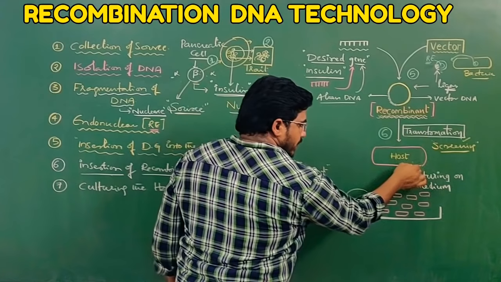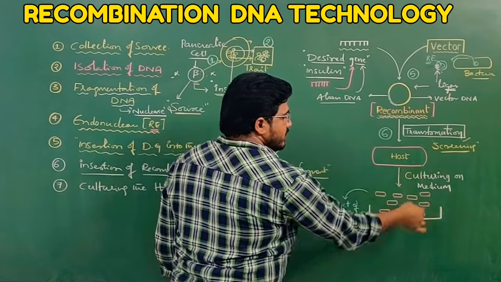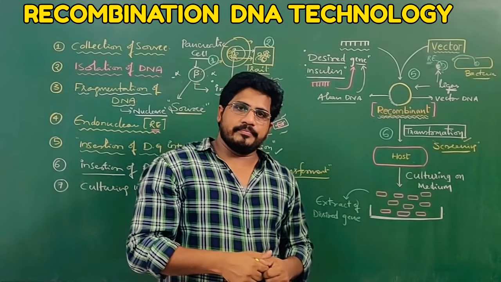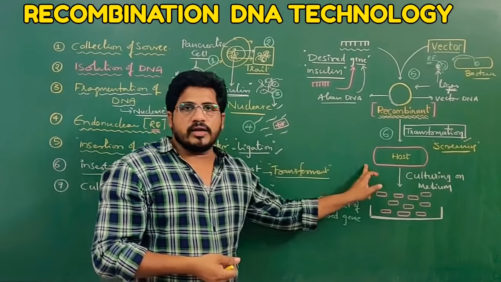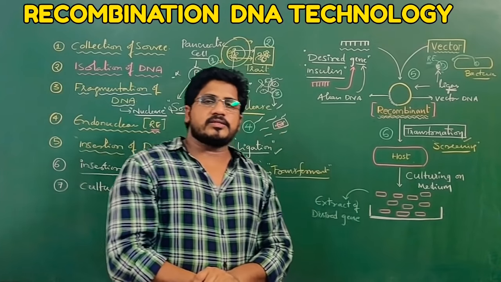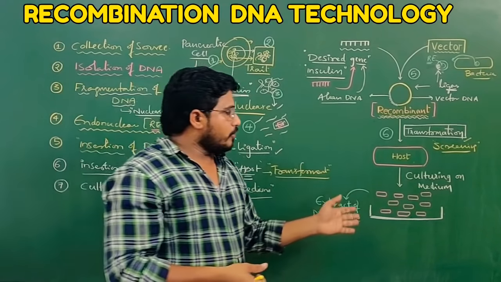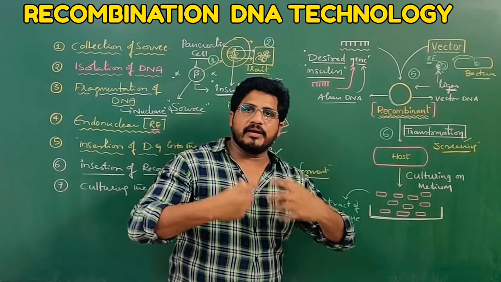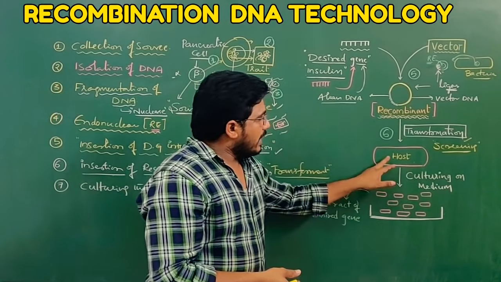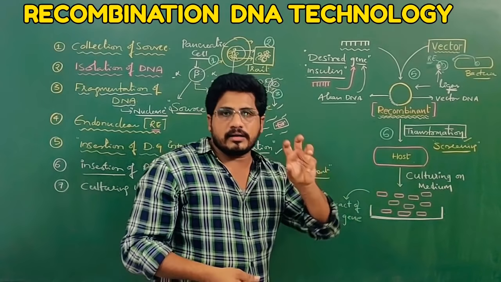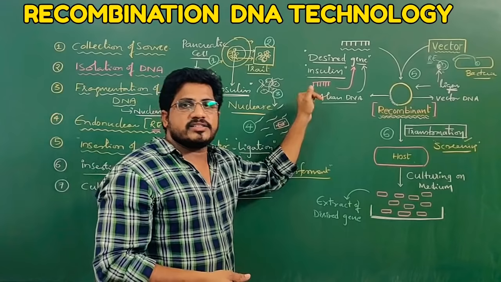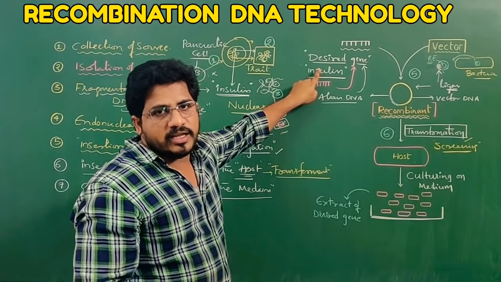Once the transformants are formed, these transformants have to grow in number in a particular medium. Suppose it is E. coli. If you give a medium, in that agarose solution will be there. Agarose means mucopolysaccharide. In a mucopolysaccharide medium, the E. coli number will increase rapidly in a short span. This transformant has the vector, and that vector has our desirable gene. In this experiment, that gene is insulin.